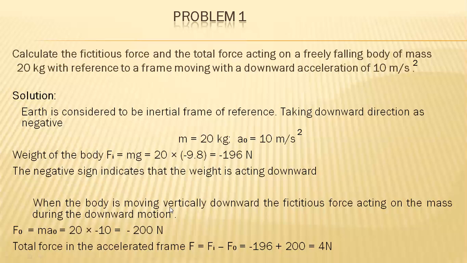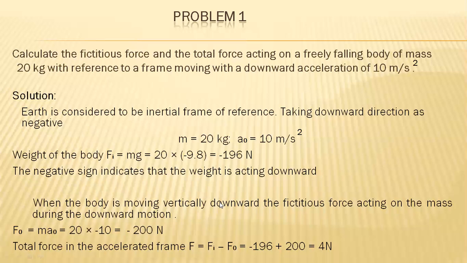Now, when the body is moving vertically downward, consider the fictitious force acting on the mass. The object is in a moving frame, and that moving frame is accelerating. The accelerating frame produces a force which is not a real one.